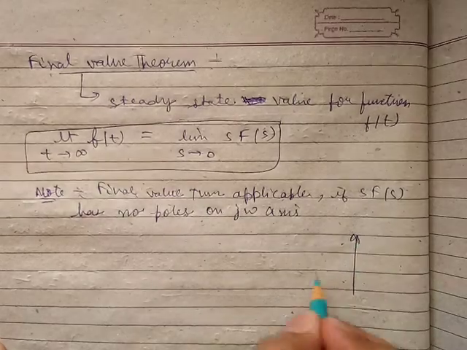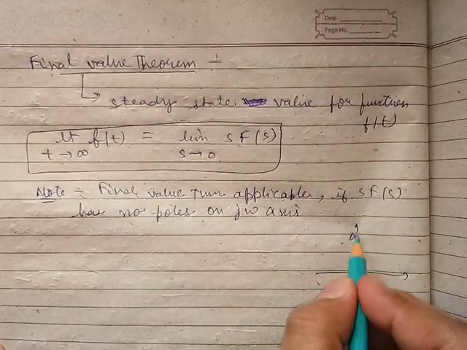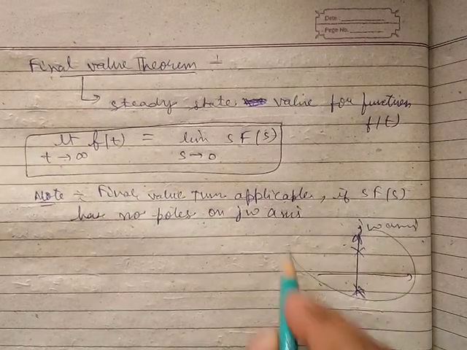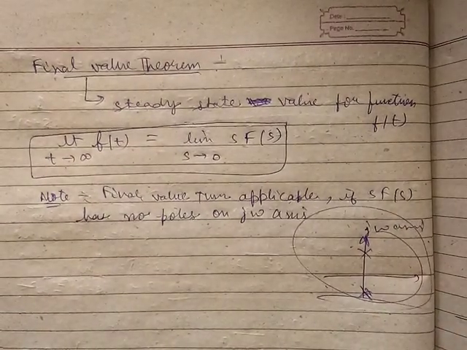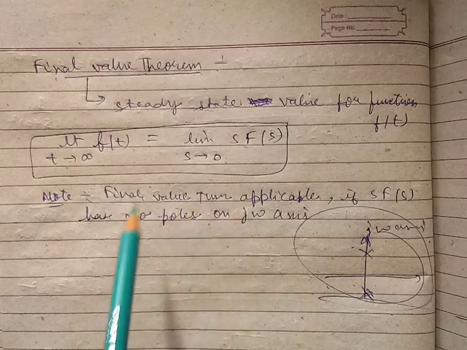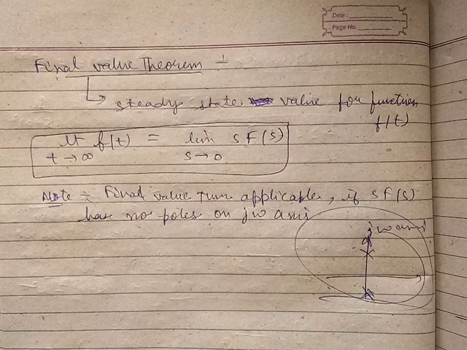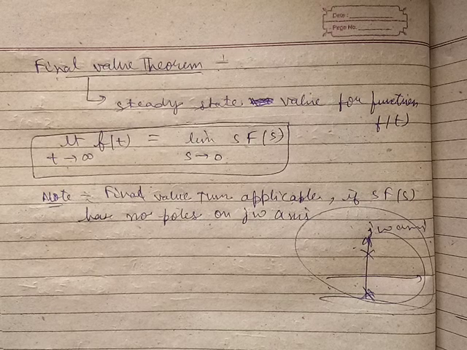I told you, this is the j omega axis. Here we have poles like that. So the note is, final value theorem is applicable if s F of s has no poles on the j omega axis, okay?